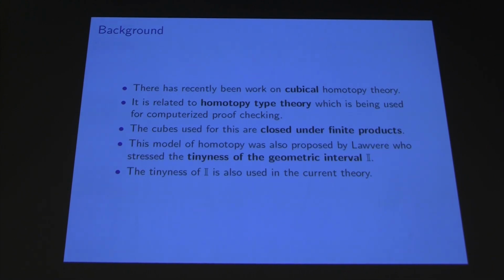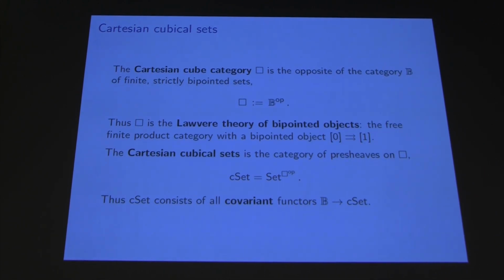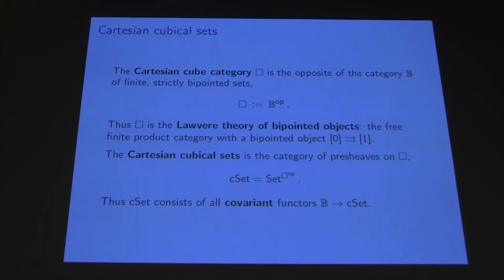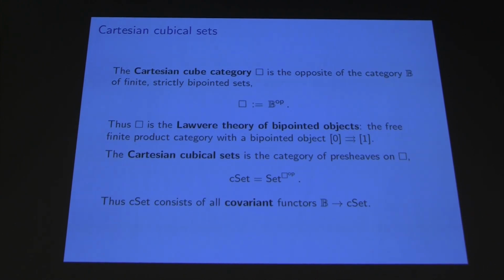Okay, now I've gone a little off script and lost a little time, but let's see if I can recover. So the cube category that I'm using here, which is replacing the category of simplicial sets, is simply defined as the opposite of the category of finite, strictly bipointed sets. So it's a Lawvere theory.